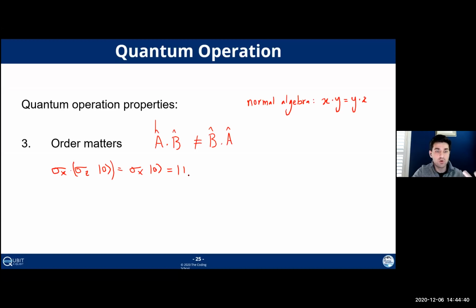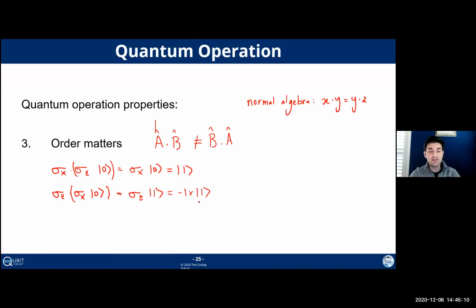Now let's switch the order of the operators. Let's look at sigma z times sigma x applied to the 0 state. And again, I'm going to do it layer by layer. So I'm first going to apply sigma x to the 0 state, which gives me a 1, and then I'm going to apply sigma z to this, which gives me -1 times the 1 state.